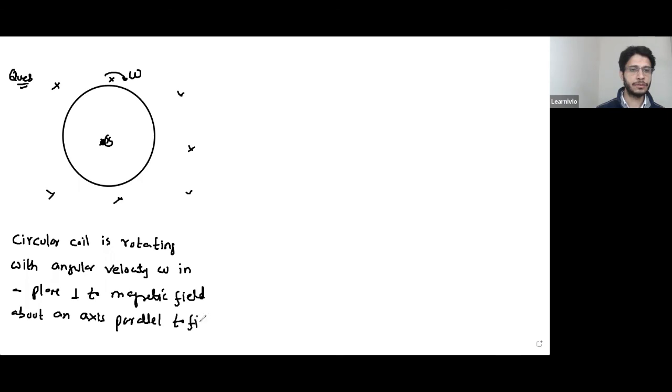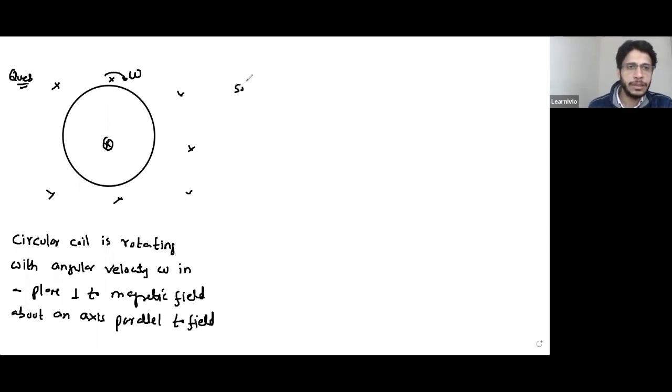So it's not a rod. So you cannot use the half BL square omega expression for this conductor. It's not a rod, it is a coil. So here you have to use Faraday's law of electromagnetic induction.